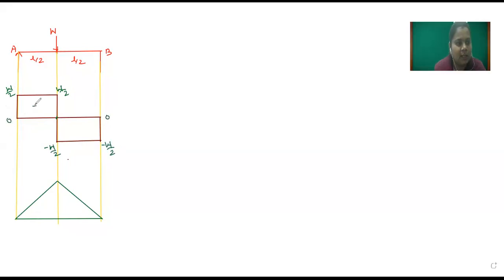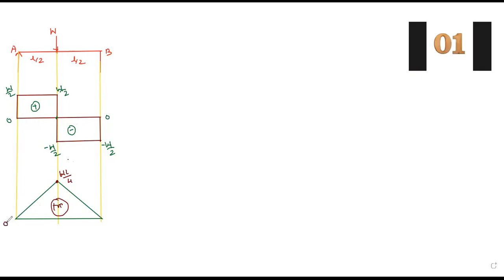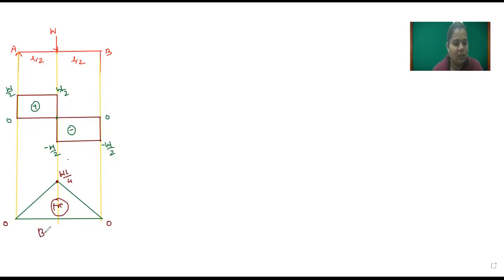This part of the diagram is positive and this part is negative. And the bending moment value is how much? W L by 4. So bending moment at A is equal to 0 and bending moment at B is equal to 0. So this is the bending moment diagram and the first one is the shear force diagram.